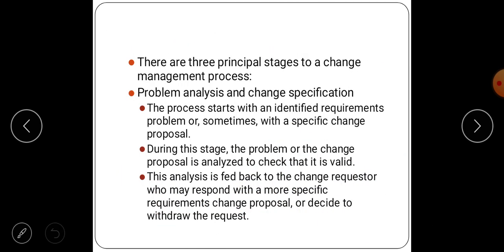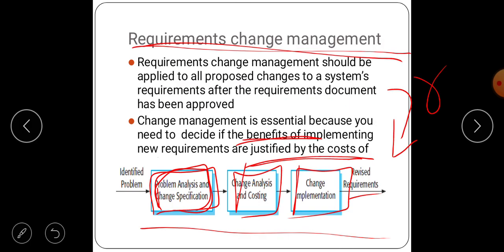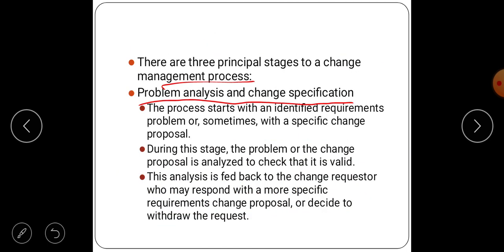Okay, there are three principal stages to a change management process. The first one is problem analysis and change specification. In this step, we will see what we are going to do. The process starts with identifying a requirement problem or sometimes with a specific change proposal.